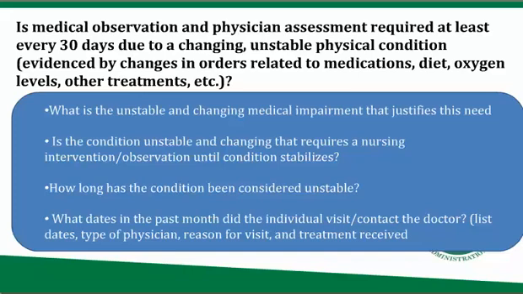Again, unstable conditions are usually somewhat acute in nature and maybe short-term and passing. So the reviewer is certainly going to look at all the circumstances around that, and it may be one of those other trigger points that says, this isn't long-term level of care, this is short-term, they're going to get stabilized, and then the situation's really going to have to be reassessed before they could stay longer in the facility.